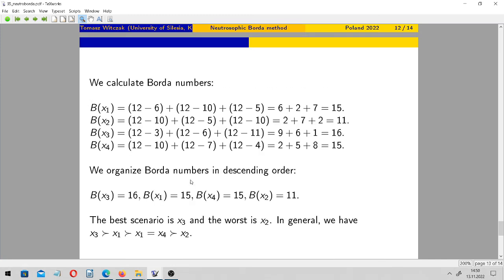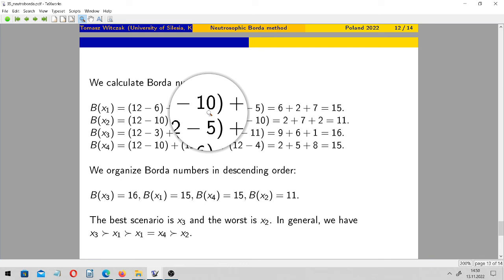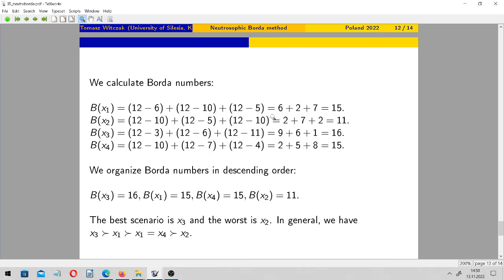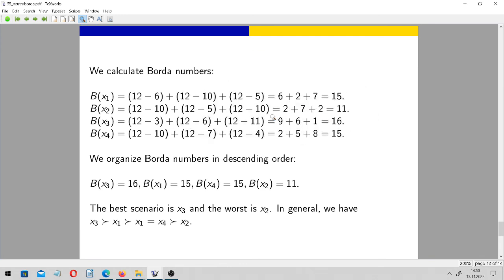And finally, we calculate Borda numbers. This is written here according to our formula. And just as I said, there is a problem with this formula because we had the same place occupied by two objects in criterion 1 and truth value. Yes, so this should be fixed.